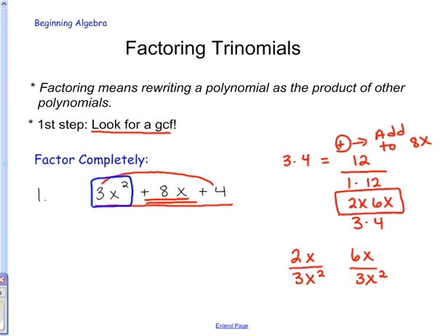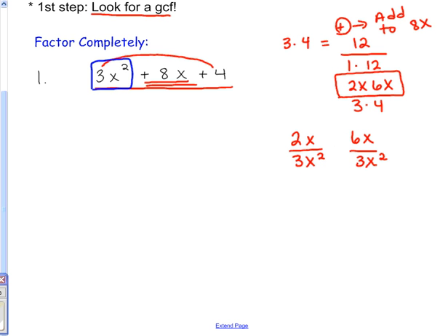I have two fractions now that I want to reduce. So this part's very important. Reduce each one of the terms I have above. If I have 2x over 3x squared, I can't reduce 2/3. That would just stay 2 over 3. But x over x squared would reduce to x in the denominator.